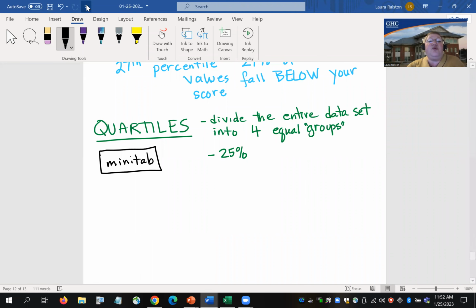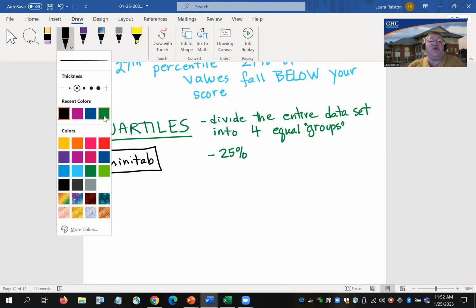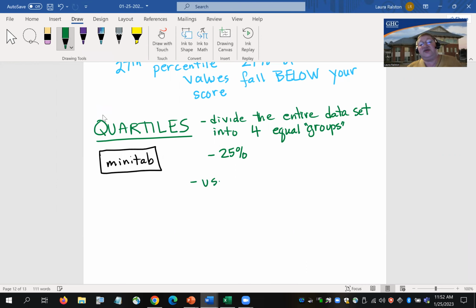So we're going to let Minitab do the work and determine the quartiles. One of the reasons we want to use the quartiles is that they are used to determine if outliers exist in the data set.